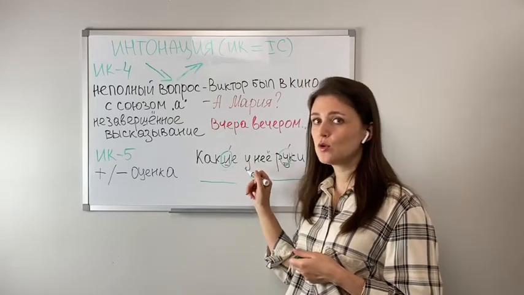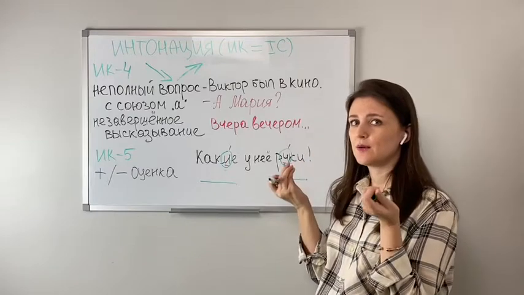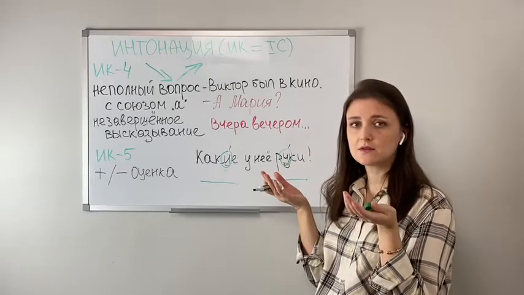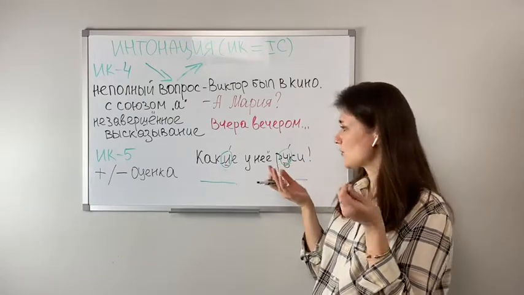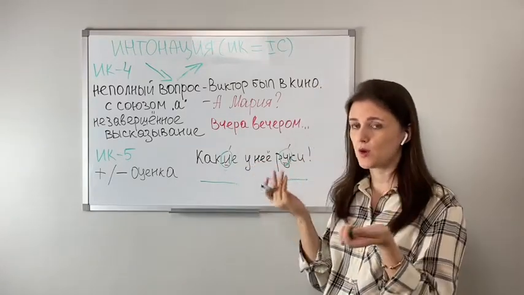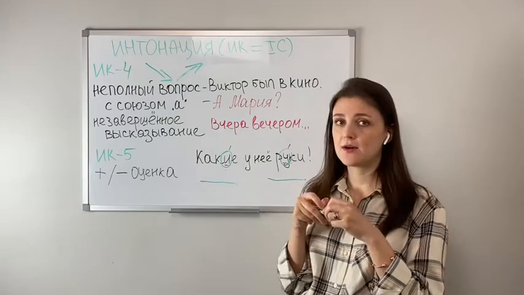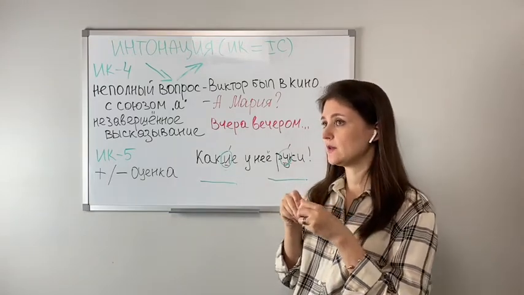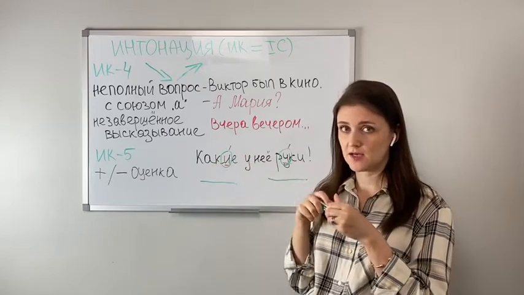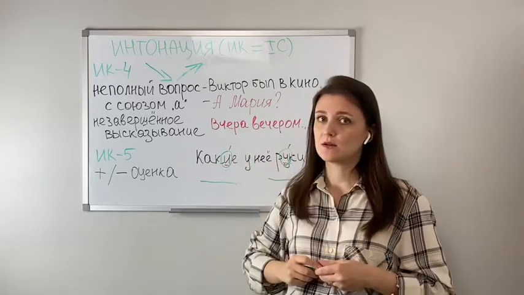Какие у нее руки? So we, how to say in English, prolong, yeah, our vowels, make them very long when we admire, and this is the positive assessment, of course, because we admire how well she does things.